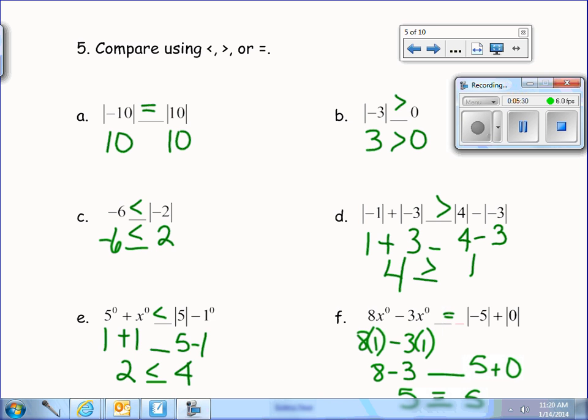Notice the absolute value in A of negative 10 is 10. The absolute value of 10 is 10. Those are equal to. Below, we've shown what each and every one represents. The absolute value will always be positive. Anything with a 0 exponent will be 1.